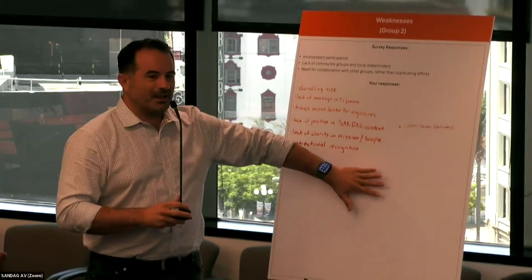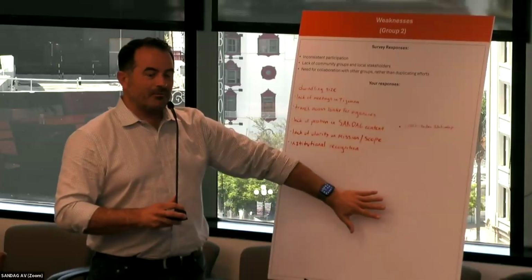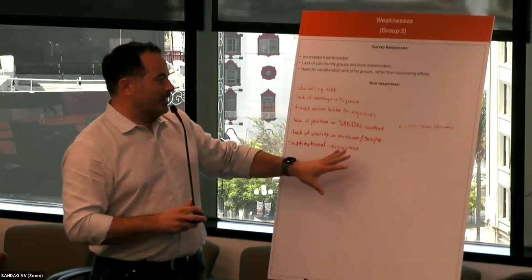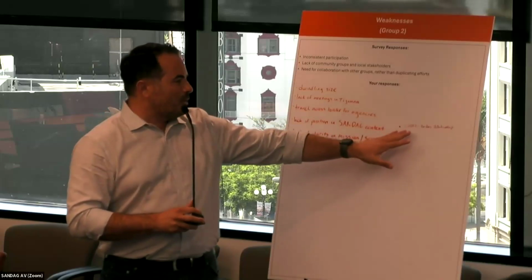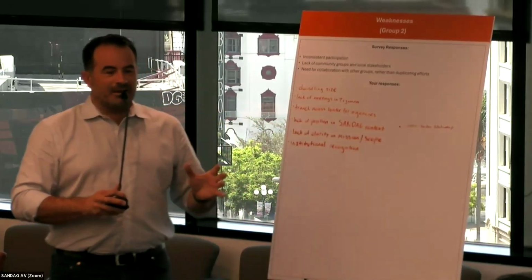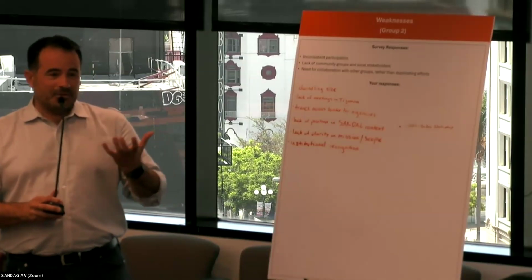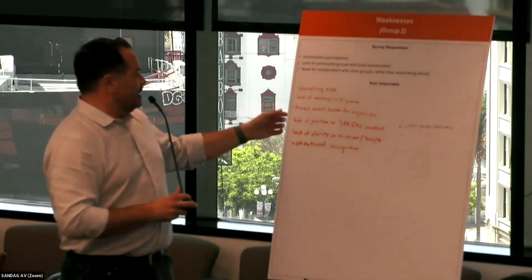When you have SANDAG, you have the Borders Committee, and you have COBRO, how do those play in together? How does COBRO work within the Borders Committee? How do they play off each other? How do they benefit each other?